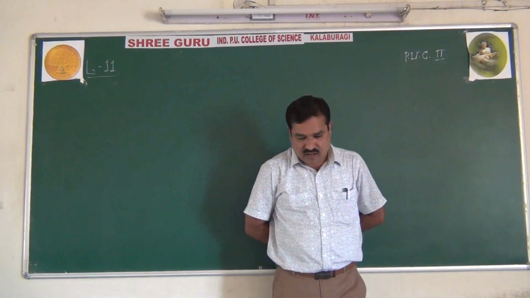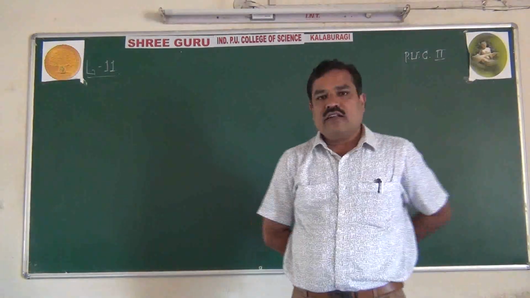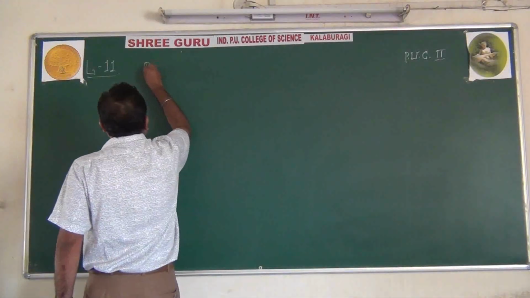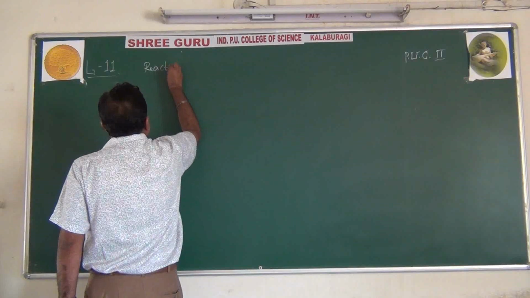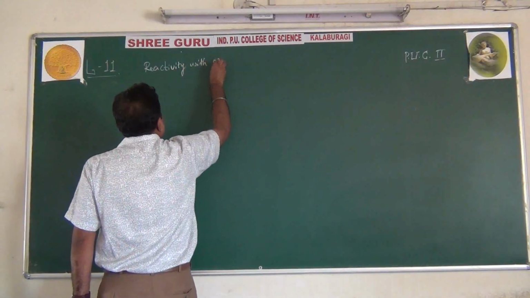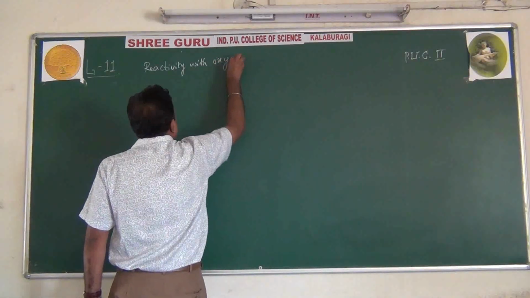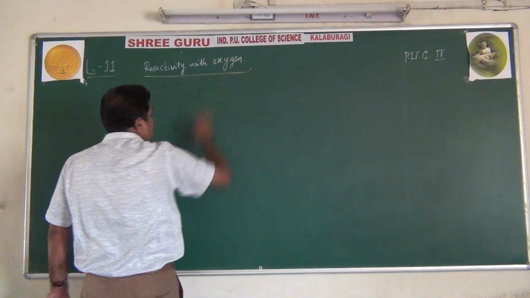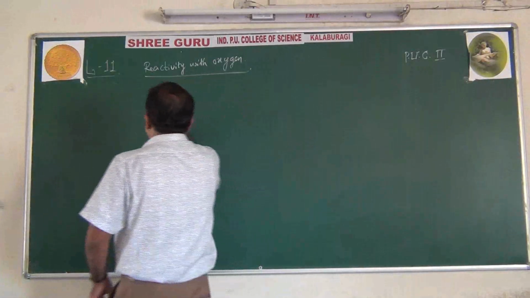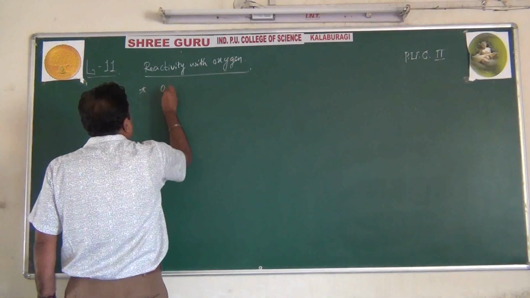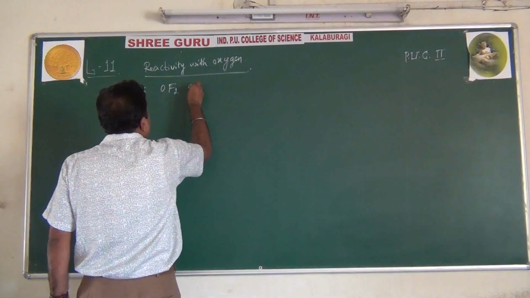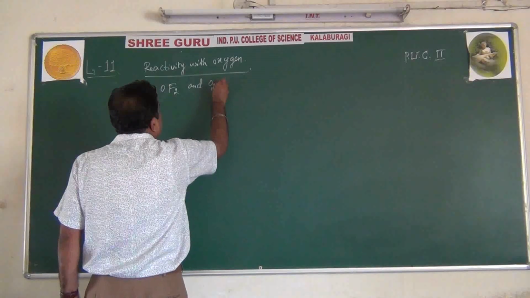Now, in continuation, today we study another chemical property, as I told you yesterday: reactivity with oxygen. The first point to be noted is that fluorine reacts with oxygen and forms OF2, oxygen difluoride, and O2F2, dioxygen difluoride.